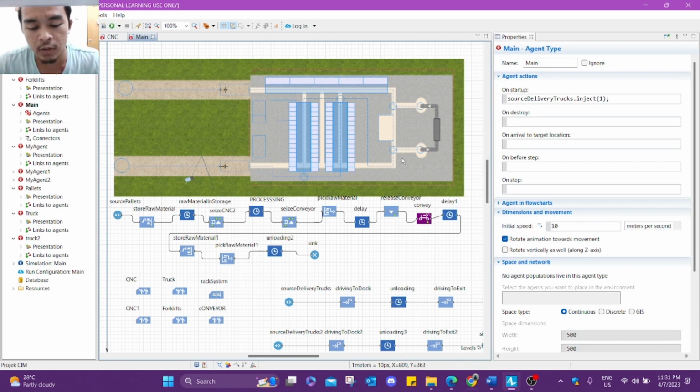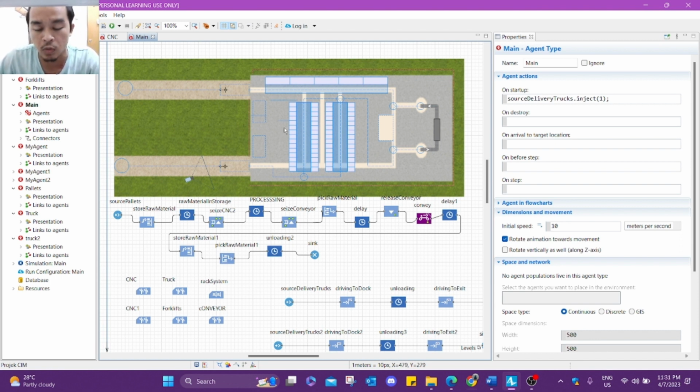Based on the requirements from questions 1 and 2, this is the simulation on Analogic to meet the requirements from both questions. Based on question 1, we need to create an ASRS system that is able to store a maximum of 1200 pallets.